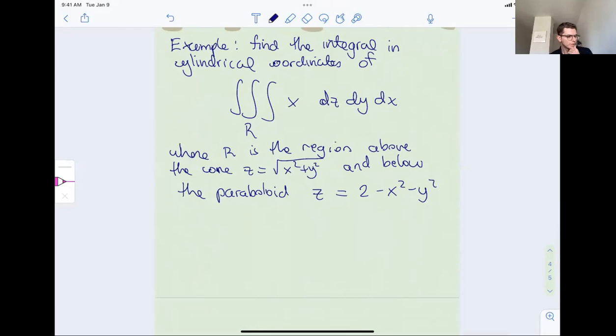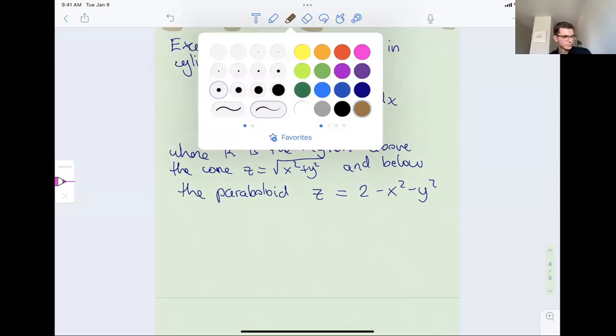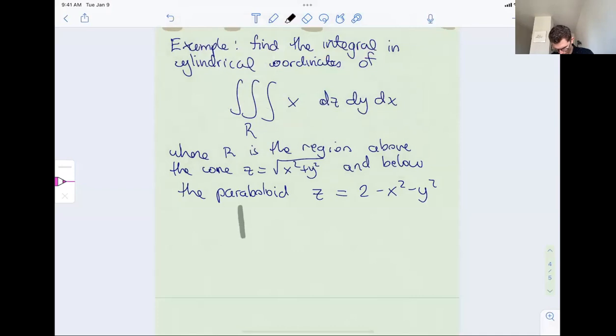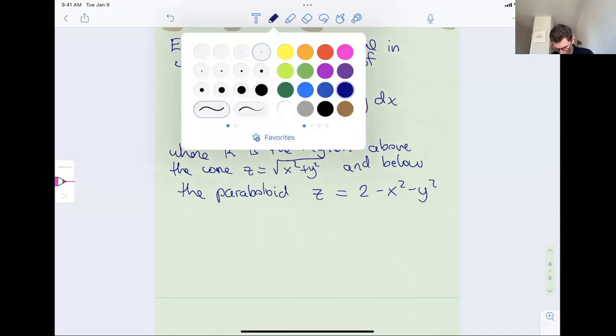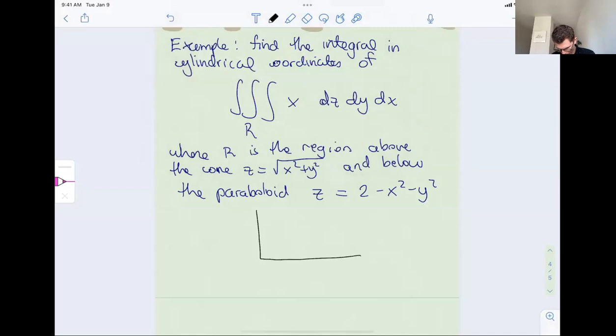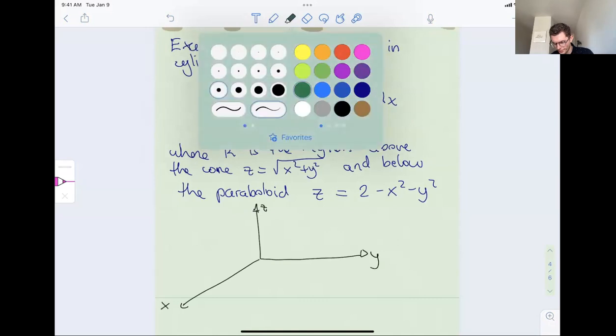The first thing you need to do in all of these problems is find the region of integration. So let's try to figure this out.